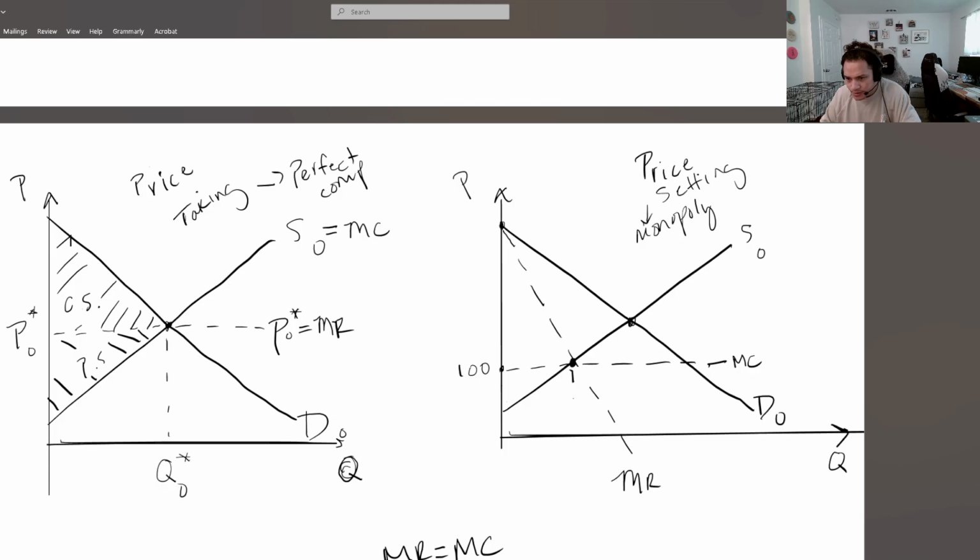Once we identify those two points, that gives us our Q star for a price-setting firm. But in order for us to identify the price that the firm is going to sell at, we need to take this up to the demand curve. That will tell us the price at which this firm will sell the product.